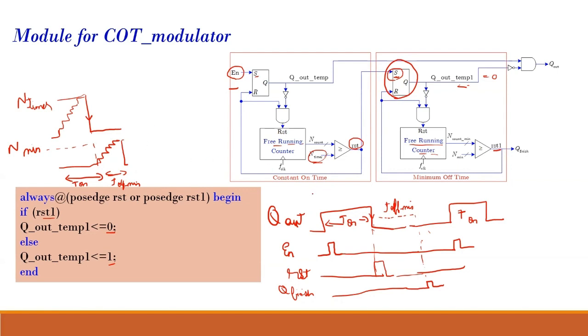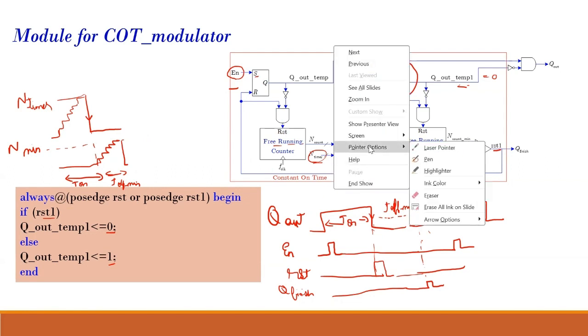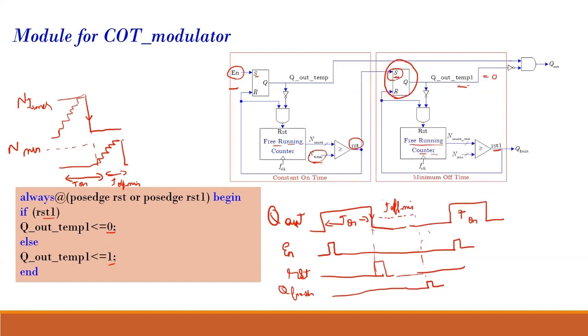All right. I'll draw with a different pen, then probably you can see it. Let me make it green. I'll just draw on top of this. It might be cramped up, but just bear with me. So in the diagram, the green one, this Q out temp is given by green.